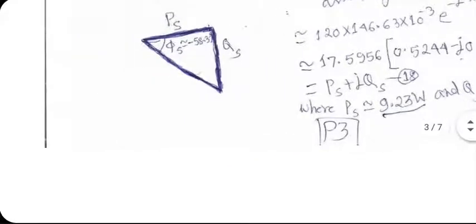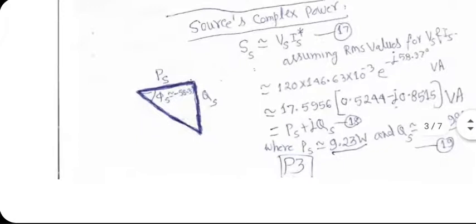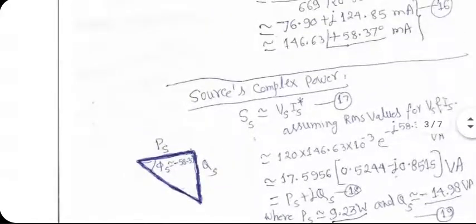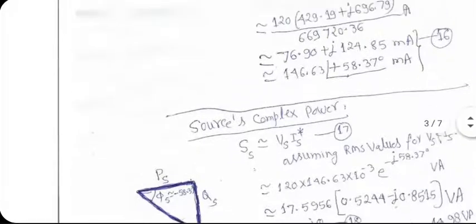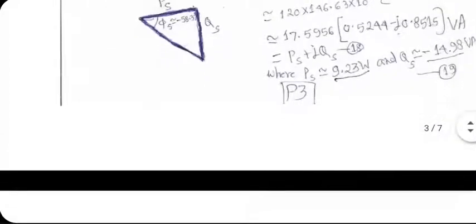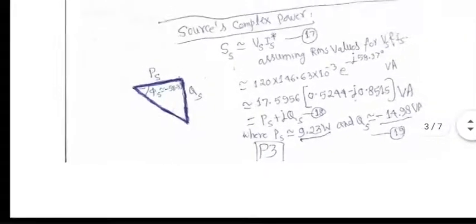So I have tried to maintain that ratio. Maybe I'm wrong. And the angle between PS and QS is obviously what you see here: minus of whatever is the angle for IS. Okay. So this is how you draw power triangles. This is for the source at least.